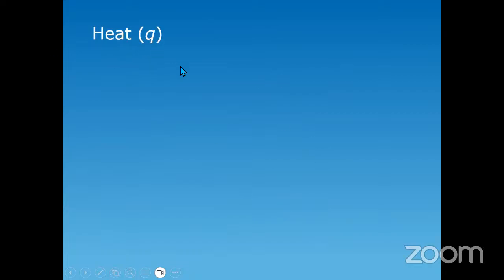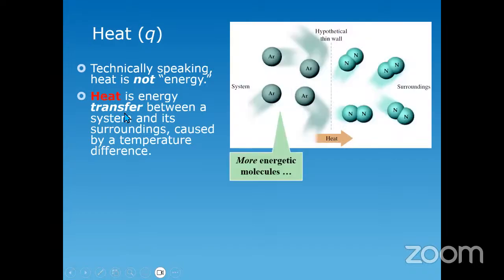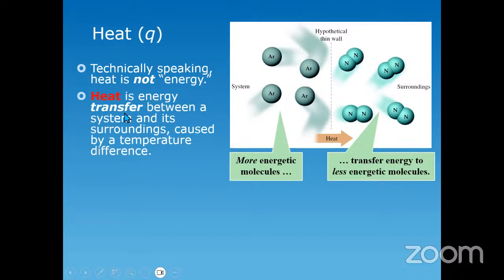Another term I need to introduce to you, which you may have met before in introductory chemistry, and that is heat. And there's a fancy definition of heat that you'll find in more advanced textbooks, but for all purposes, we can consider heat to be the form of energy that occurs as a result of a temperature difference, right? So if you have two objects that are in contact with each other, right, one is hotter than the other, the energy flow will go from the hotter object to the cooler object.